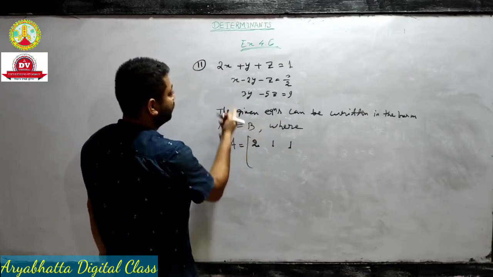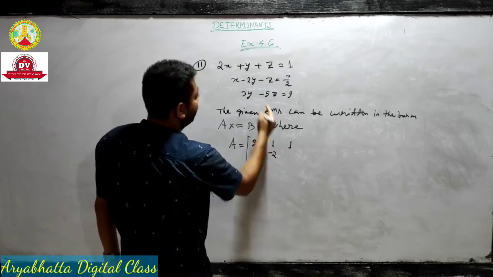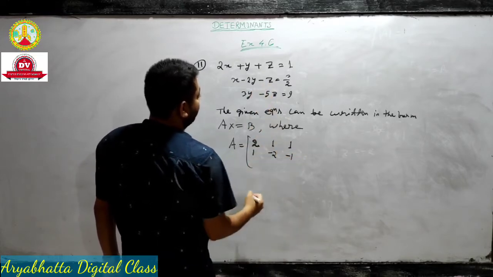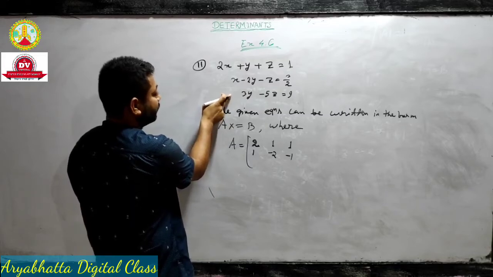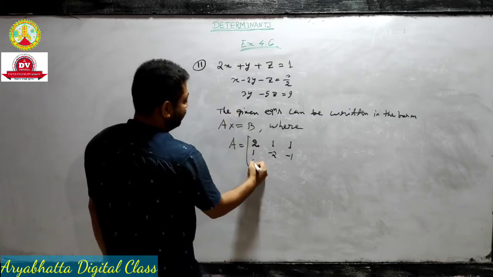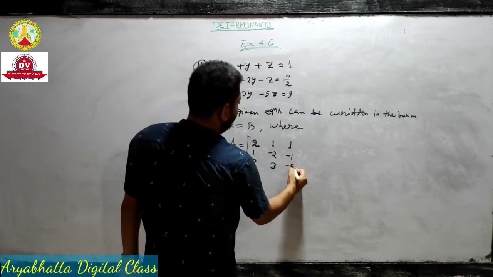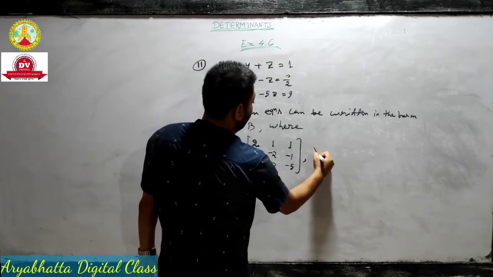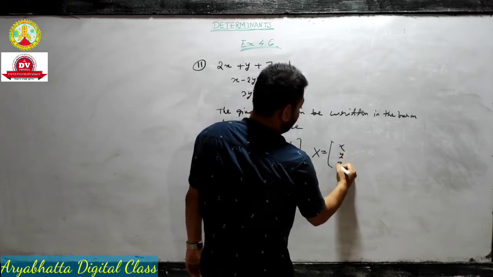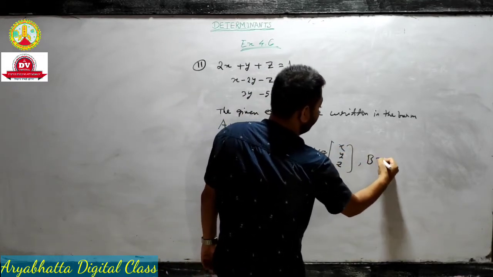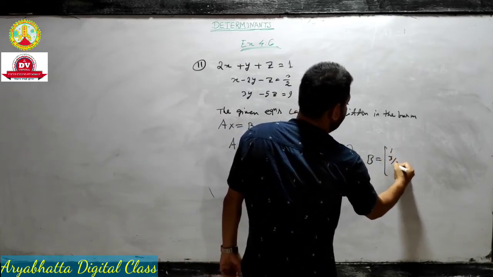For the second row, the coefficient of x is 1, the coefficient of y is minus 2, the coefficient of z is minus 1. For the third row, the coefficient of x is 0, the coefficient of y is 3, the coefficient of z is minus 5. And capital X equal to [x; y; z], and B equal to [1; 3 by 2; 9].